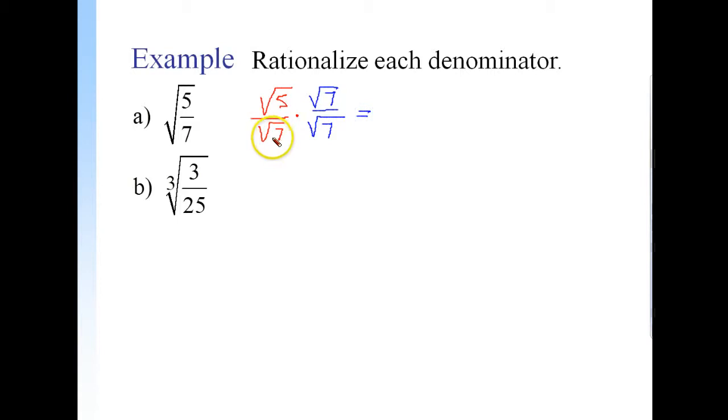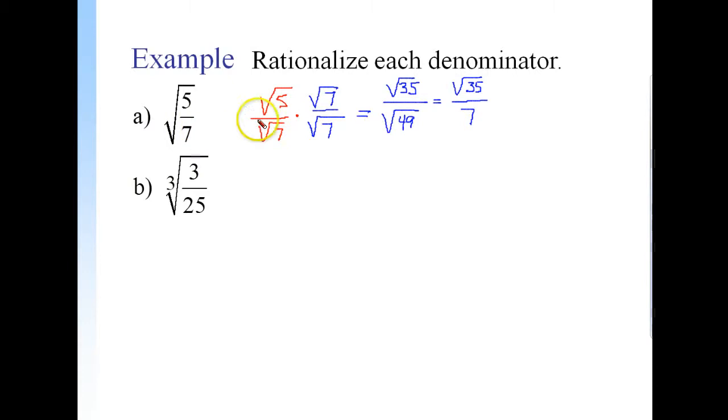But notice what happens now. I get the square root of 49 in my denominator, and I get the square root of 35 in my numerator. And what is the square root of 49? Well, that's going to be 7, and the square root of 35 on top.